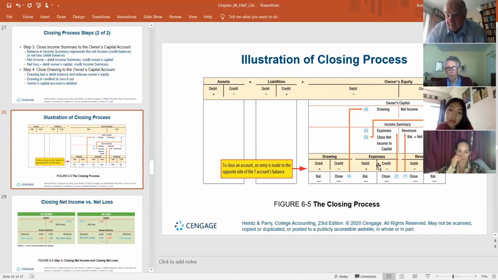So revenues and expenses, in other words, your profit is being credited, hopefully, into income summary. Okay? And then once you have your profit sitting here as a credit in income summary, now we're going to get rid of it with a debit and bring it up to owner's capital.